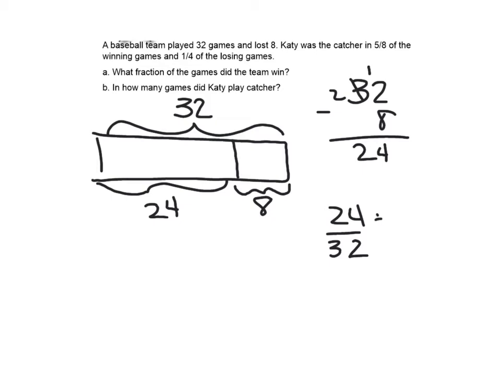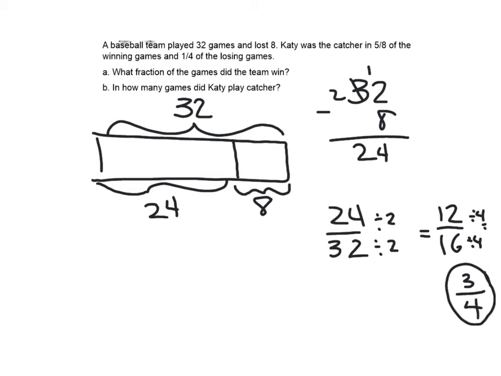Let's divide both of these numbers by the same number to see if we can simplify. Let's say I didn't know that 24 and 32 could go higher, so I just divide by 2. I get 12 over 16. Well, I can simplify 12/16 again. I know I can divide 12 and 16 both by 4. 12 divided by 4 is 3. 16 divided by 4 is 4. So the fraction of the games that the team won, answer to A, is 3/4.